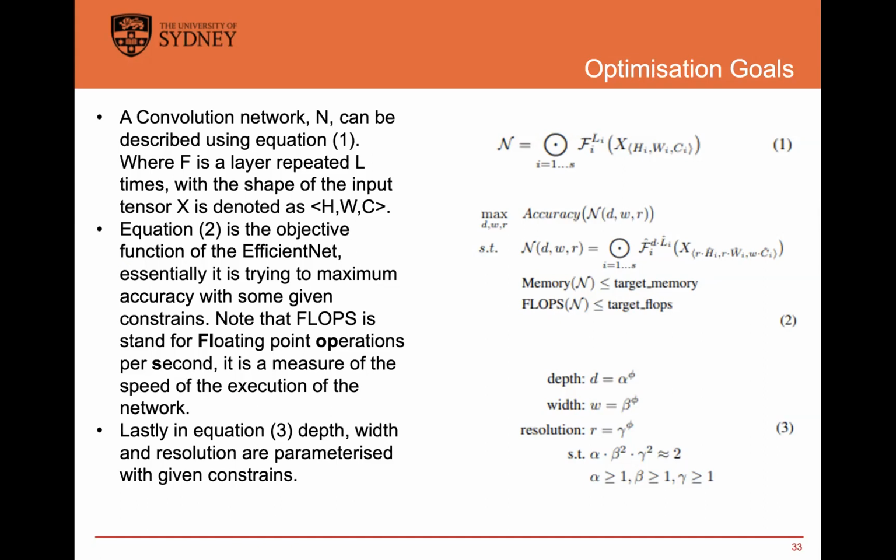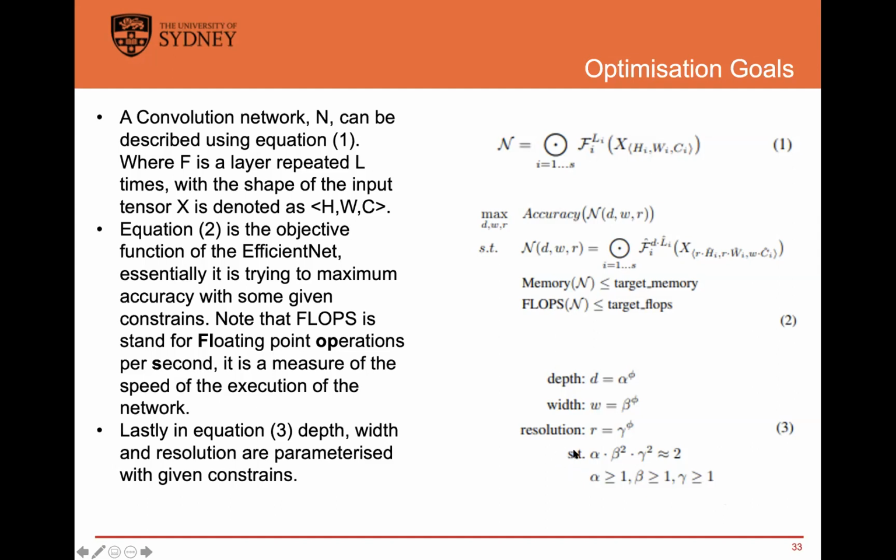So they don't want to use an extreme amount of resources just to search for the best scaling numbers. With depth, they have d equal to alpha to the phi, then you have beta for width, and for resolution you have gamma. And then this is all being limited as well. All they did here is make sure that it converges, basically.